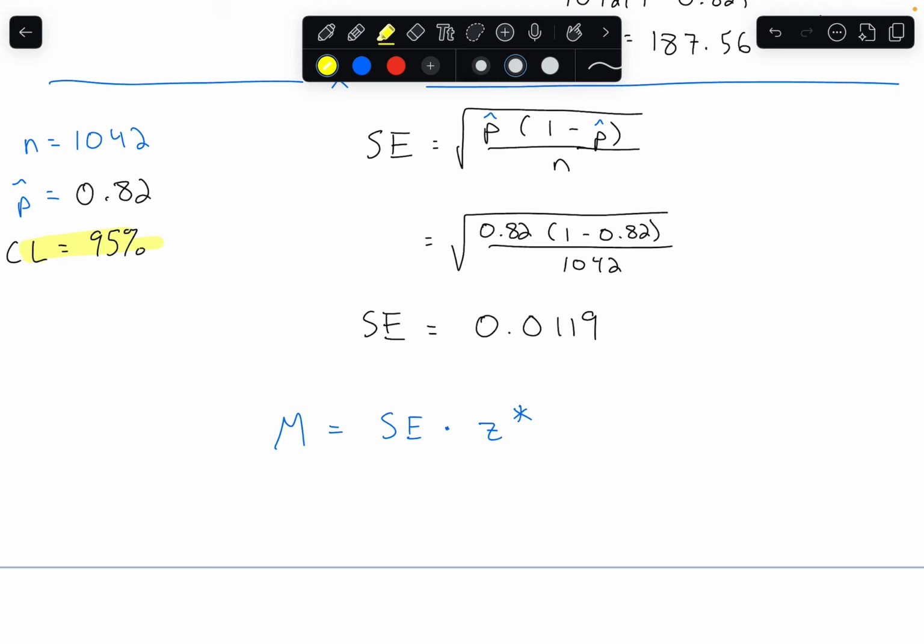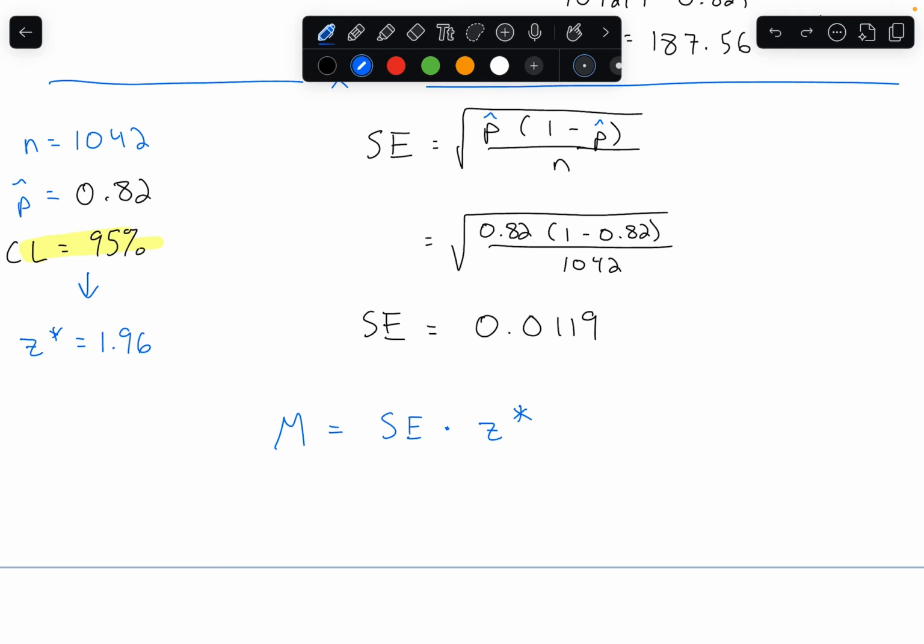There should be one right above this video. The z-star corresponding to a 95% confidence interval would be 1.96. So my z-star is 1.96. If you want to take a moment to write all of this information down at the beginning of the problem, I tend to think that's a very good idea.